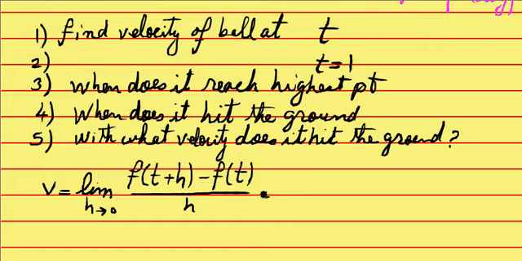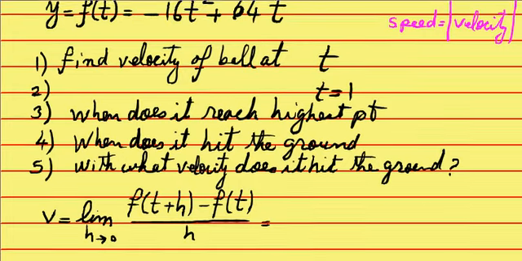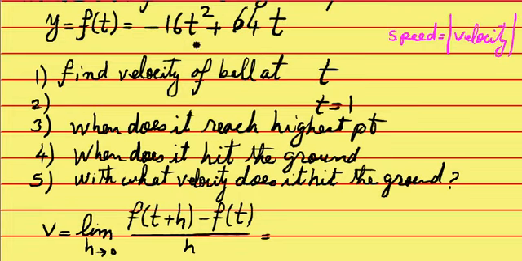So how do we carry this out? Just like the previous problem, instead of t here and this t here, I have to put t plus h. That has to be substituted by this stuff.